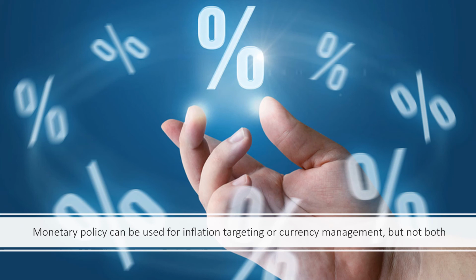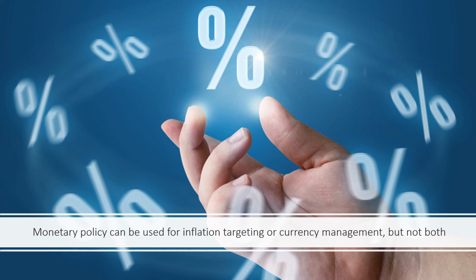So to achieve that, you'd need to cut interest rates. But if you do that, then what's likely to happen is import prices will rise and it will cause inflation, and maybe inflation goes above the inflation target. So if you wanted to bring inflation back down under target, you'd need to raise interest rates, which would mean that your currency would appreciate.